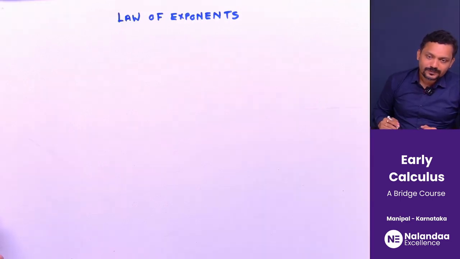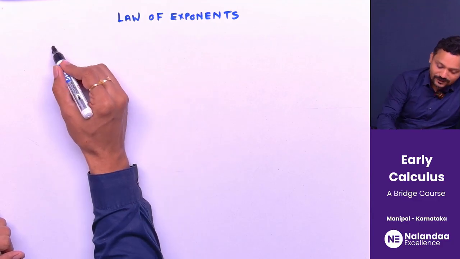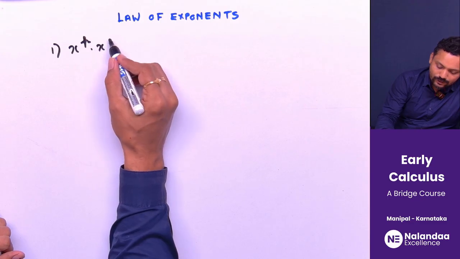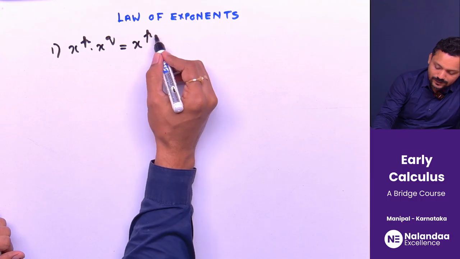When we work out problems here, we get problems on exponents. So we should know the important rules of exponents. So some of them are, the first one, x power p into x power q is equal to x power p plus q.